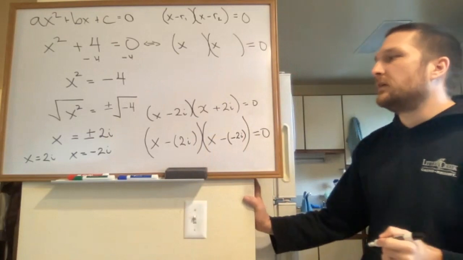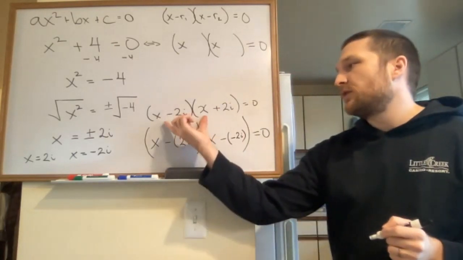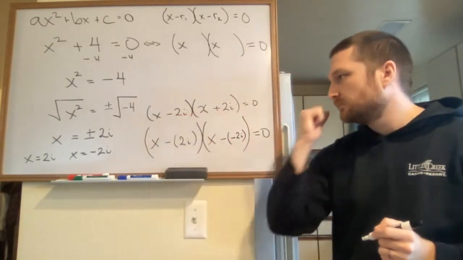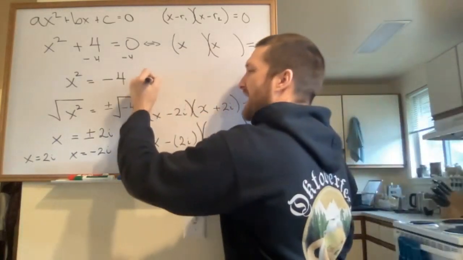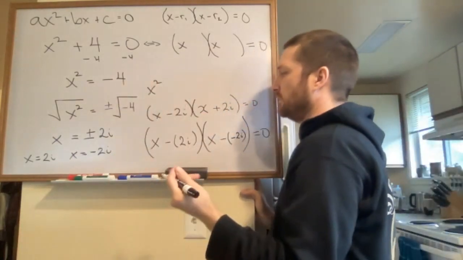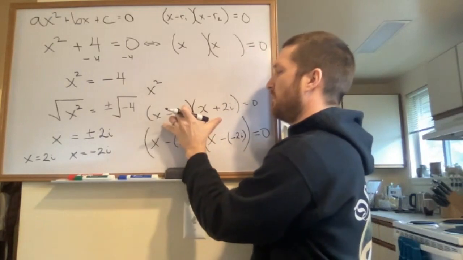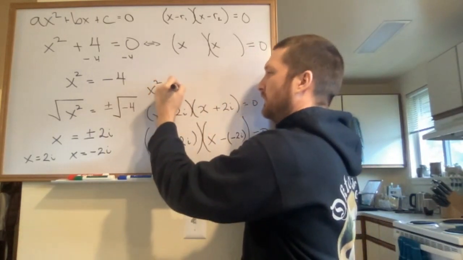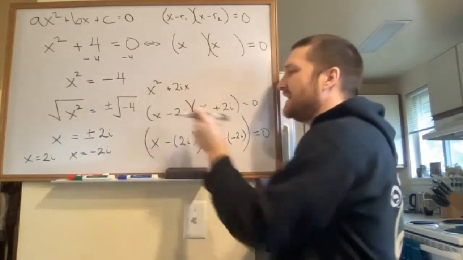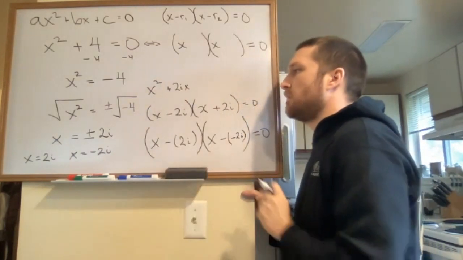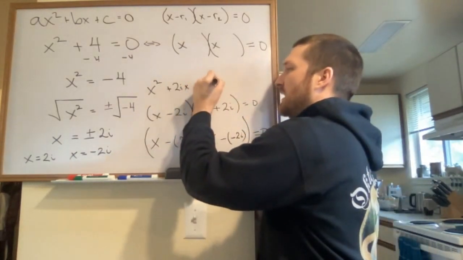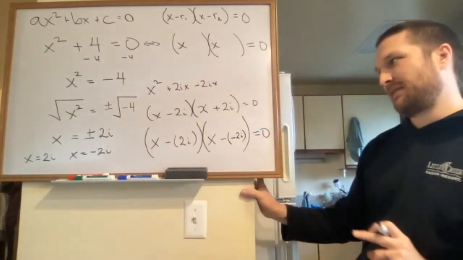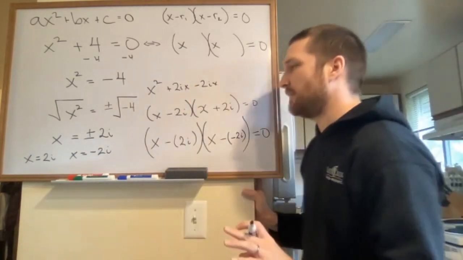Okay, first, outer, inner, last. What do I get with my first? x squared. What's my outer? 2ix. My inner is minus 2ix. And what is my last? We can do this in a couple steps.